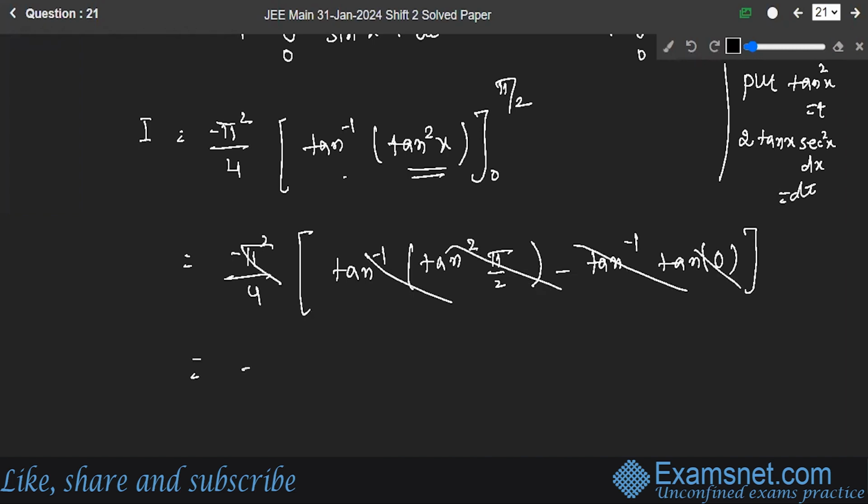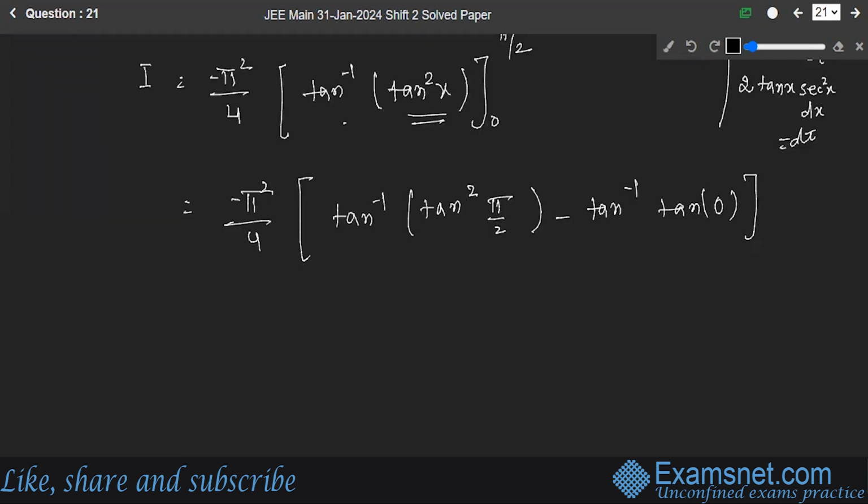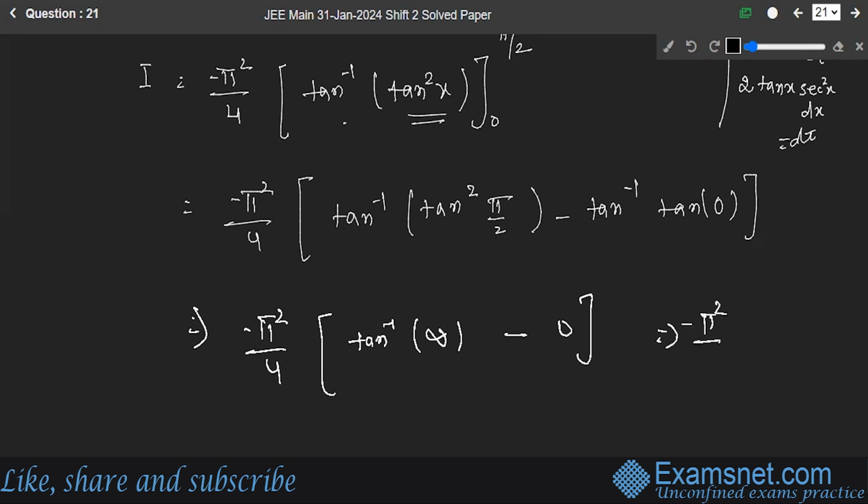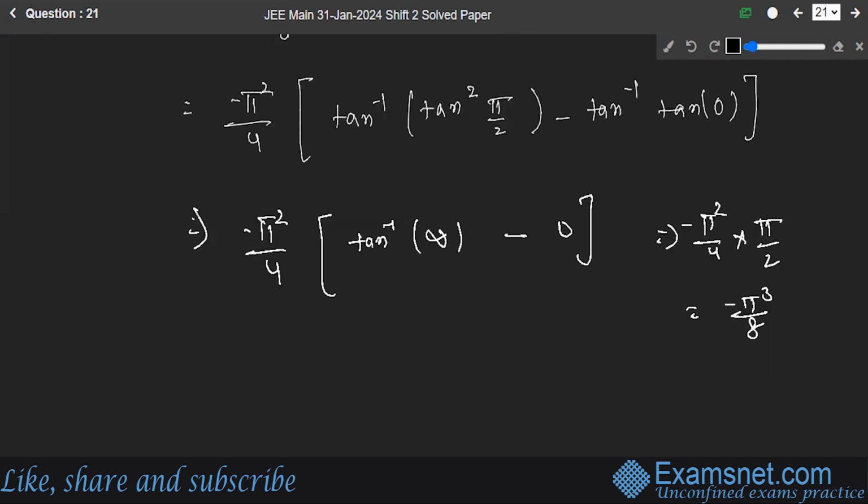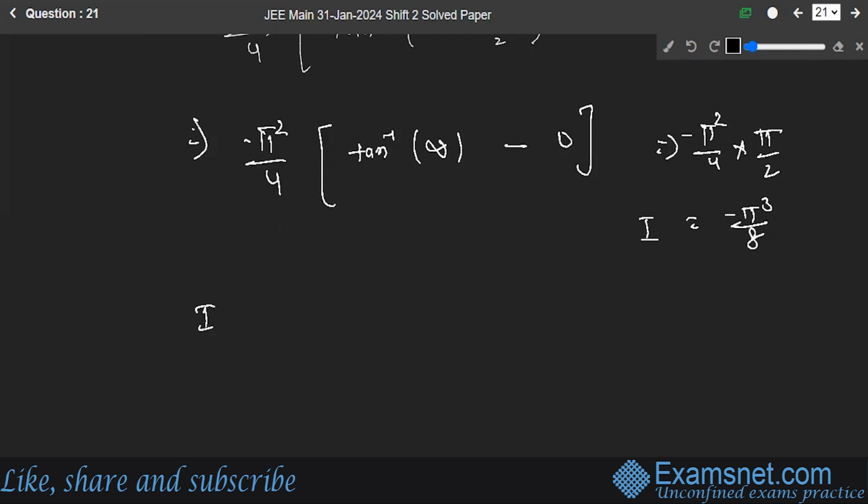This will give me inverse tangent of infinity minus 0. This is equal to minus pi square upon 4 into pi by 2, which is minus pi cube upon 8. So this is the value for your I. I comes out to be minus pi cube upon 8.